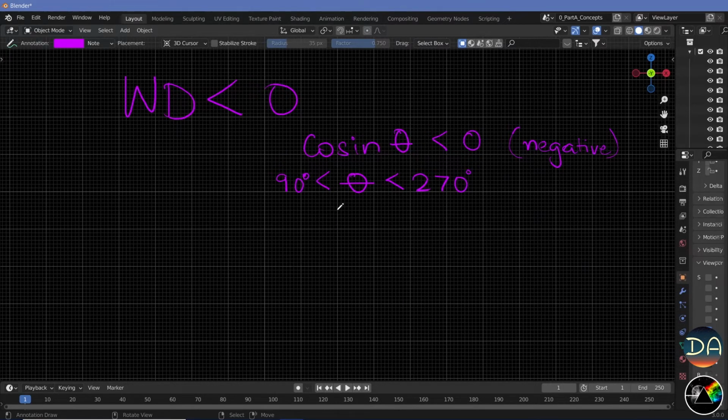But more than thinking about all of those situations, an easiest situation would be when theta is equal to 180 degrees, because in this case, cos theta is going to be equal to -1 exactly, which makes our equation of work done equal to minus force into displacement.